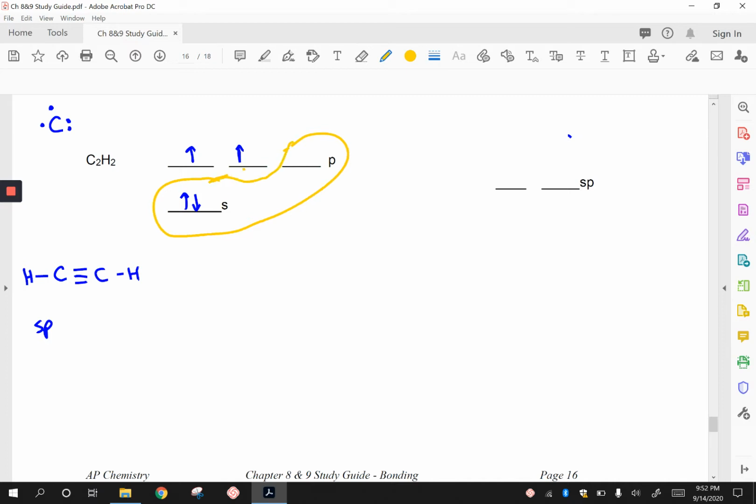Let me make it like that. And those 2 are now 2 mixed orbitals that are 1 part s and 1 part p, and so we call them sp. I'm going to go ahead and draw these 2 other electrons in different colors, just so that we can see them a little bit better.